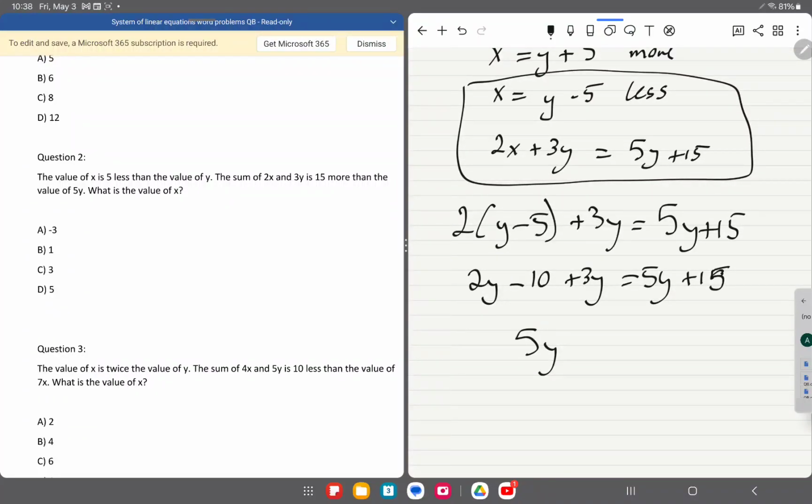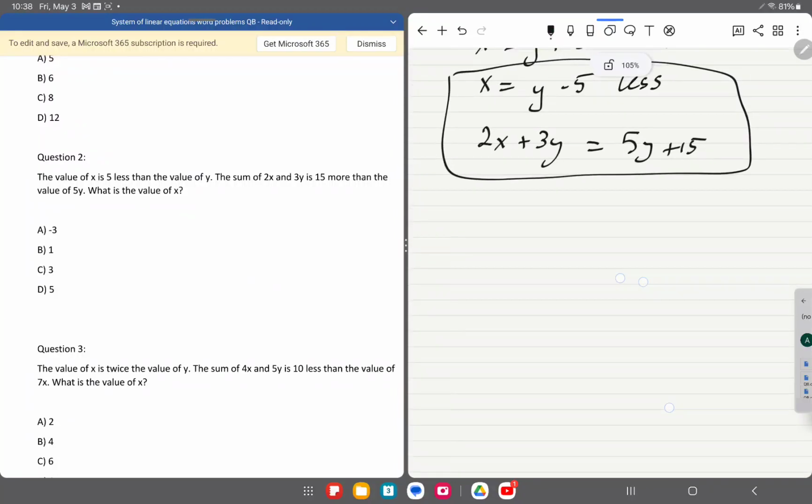The sum of 2x plus 3y is 15 more than the value of 5y. What is the value of x? So if I want to get the value of x, I don't have to do this. I can just write y is equals to x plus 5. Okay, let's try that. They want us to get x.